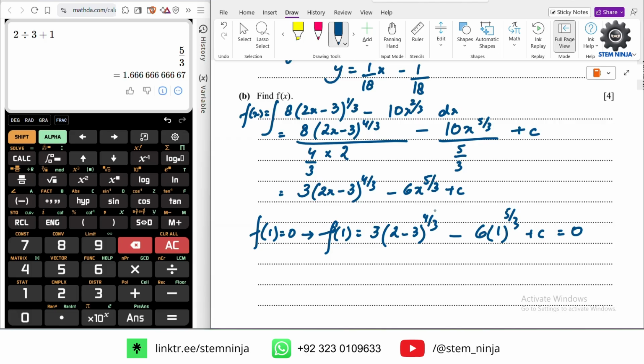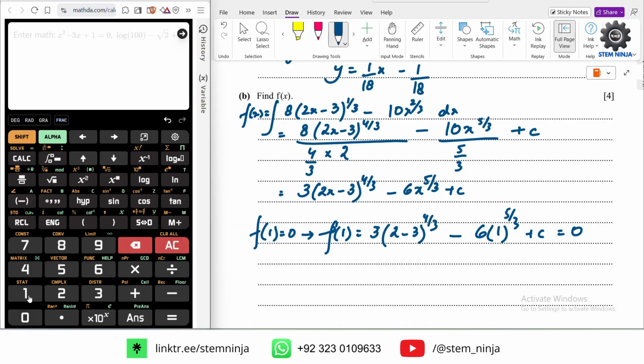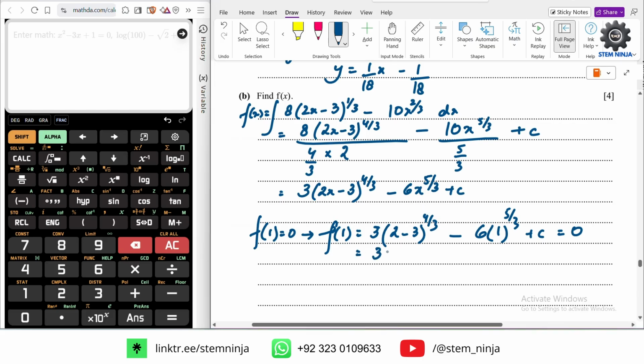So any positive power of 1, so you see, minus 1 cube root is just minus 1, but minus 1 raised to the power 4 is just positive 1. The same goes with this one: any power of positive 1 will just remain positive.